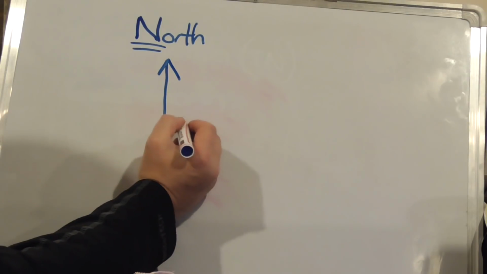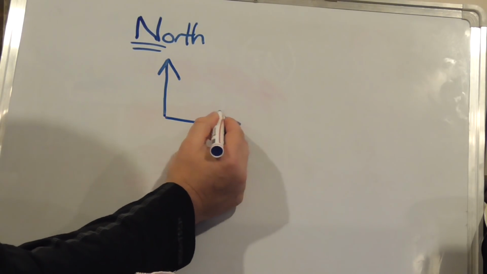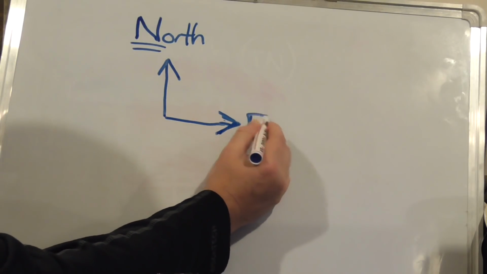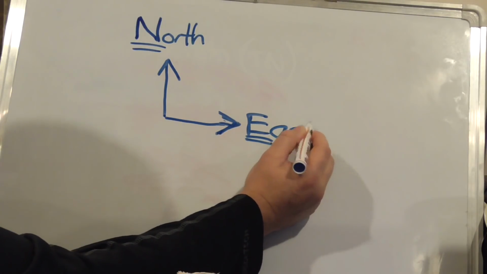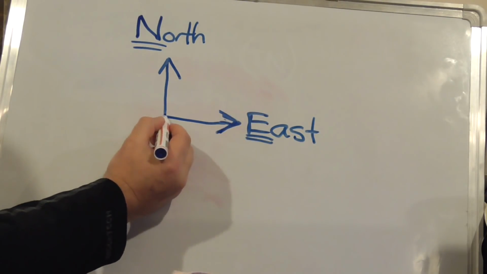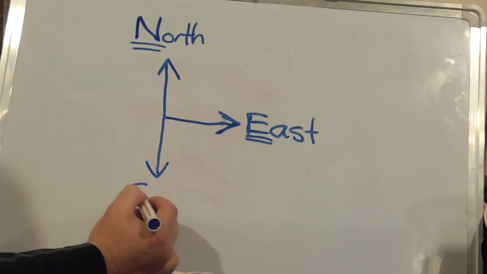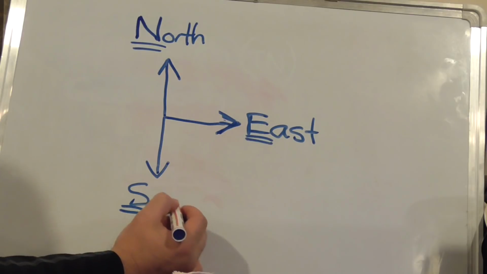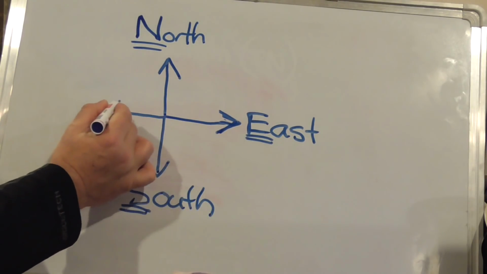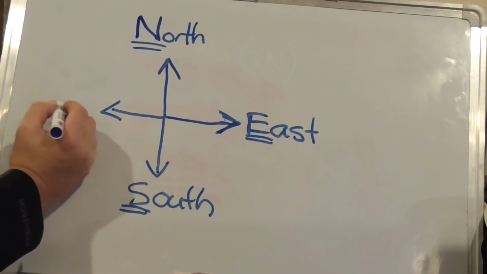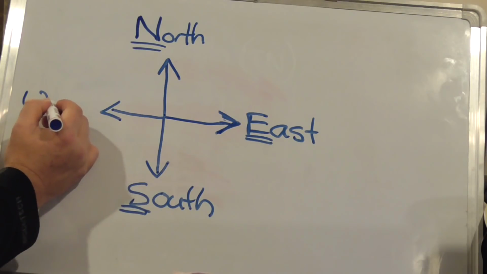Over to the right hand side we would have east, or E. Below that we would have an S for south, and to the left of that we would have a W, which is for west.